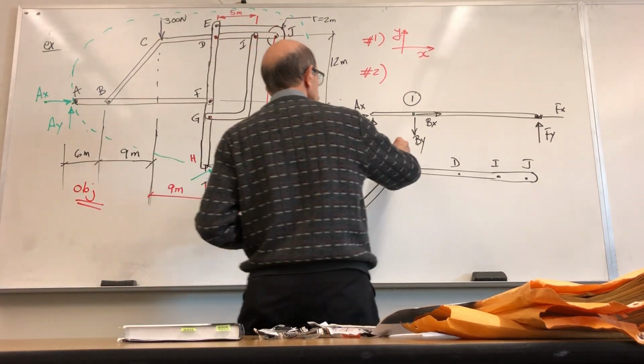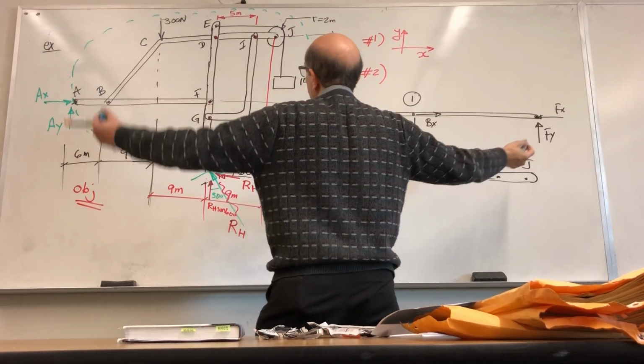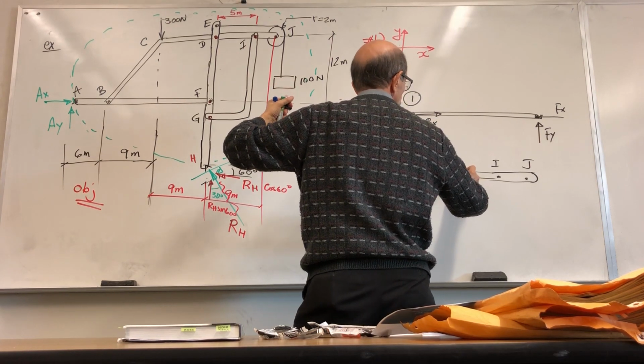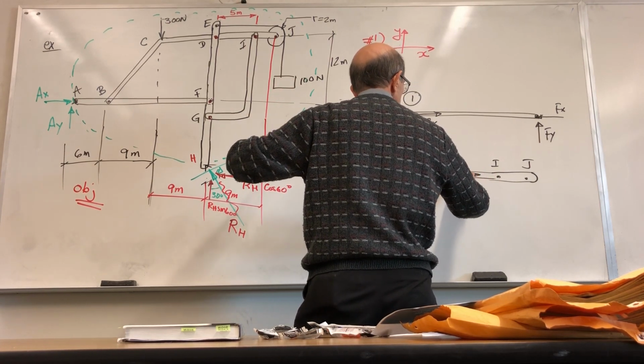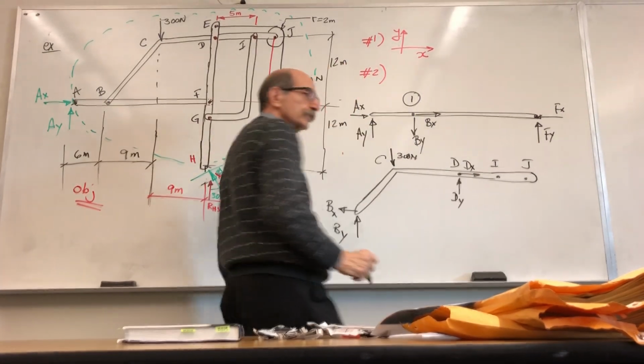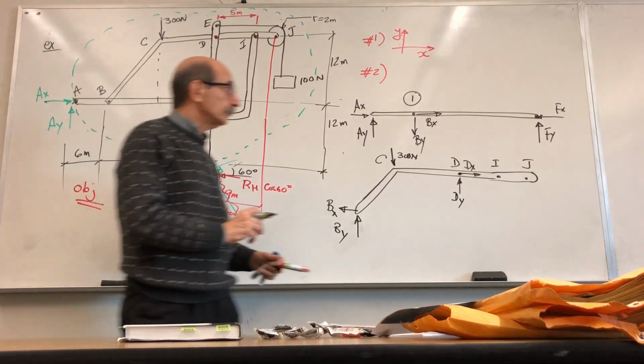At C, you have an externally applied load of 300 Newton. At D, again, I don't know what forces, in what directions they are, but this is a pin, so I would assume that you have two forces in this direction and this direction. It's the first time you encounter those forces, right?